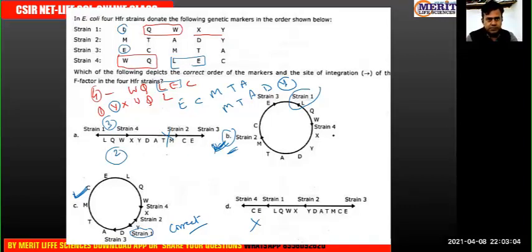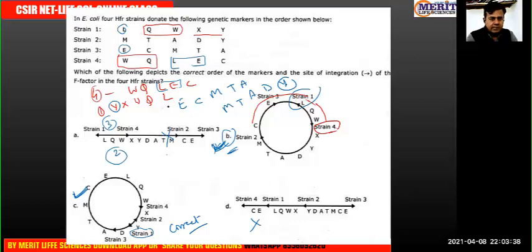Strain 4 starts like this: WQLEC. Strain 1, then YXWQL.